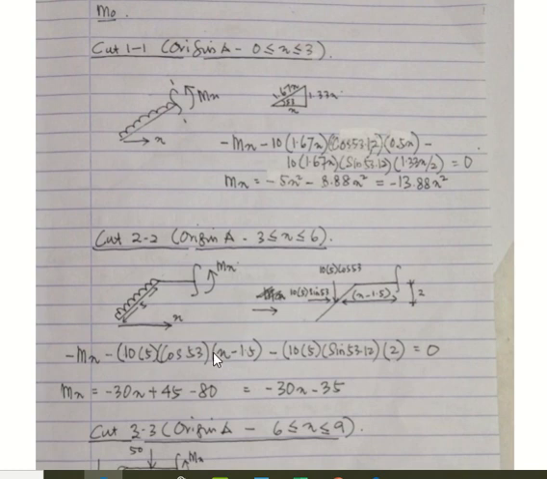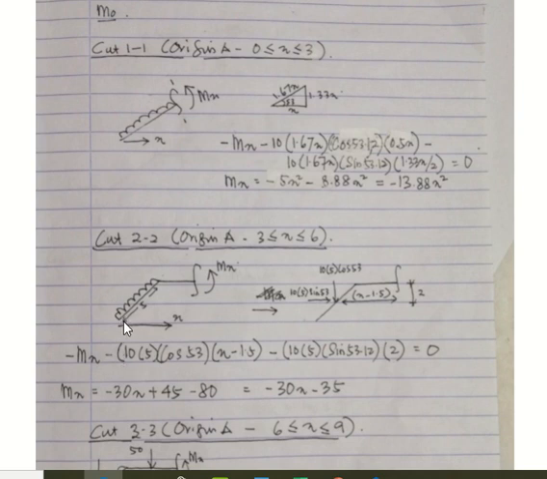X minus 1.5 is the distance from the force to the cutting number 2, because your force acts at this line.